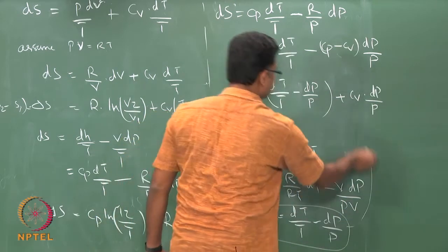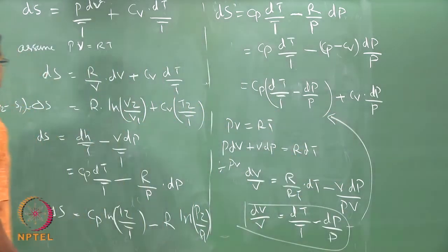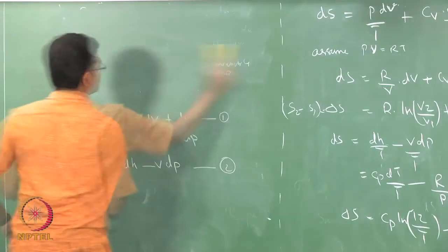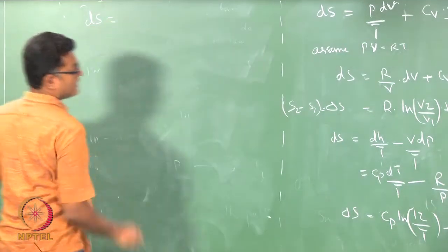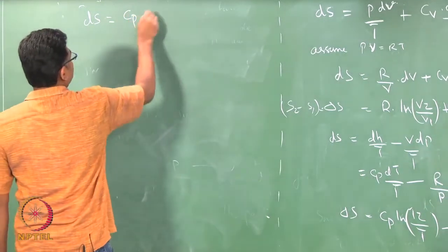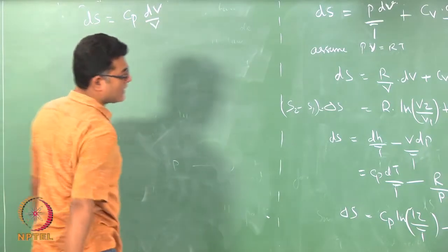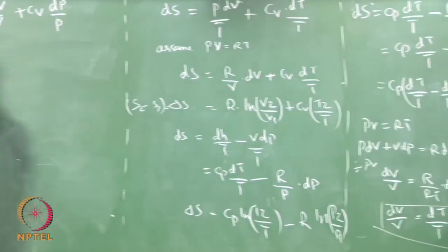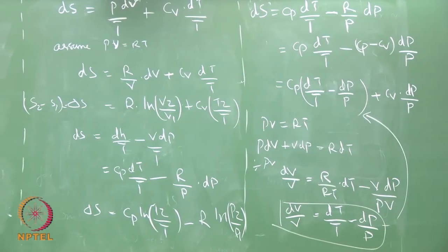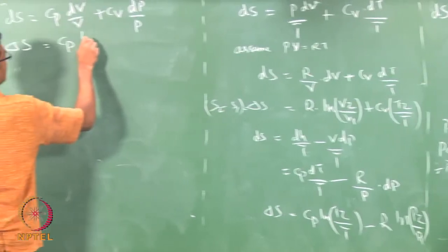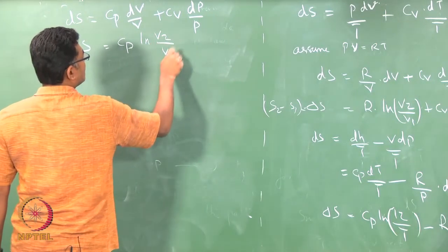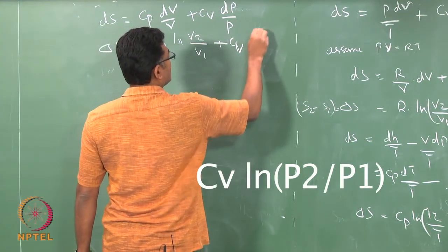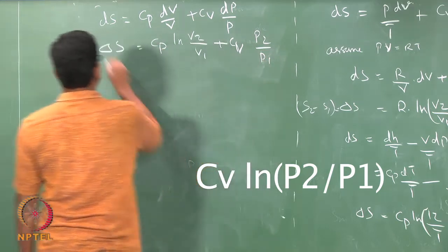Which I substitute here. So my dS is rewritten as Cp dV by V plus Cv dP by P. So my delta S is now defined as Cp ln V2 by V1 plus Cv ln P2 by P1.